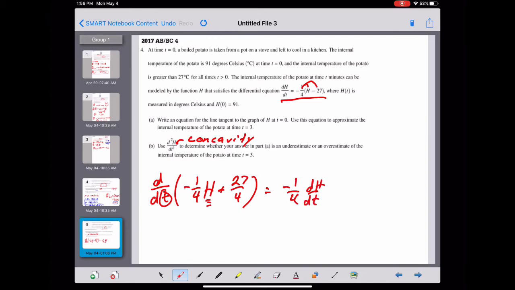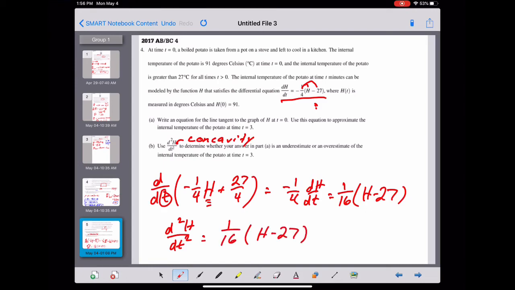Which dh/dt is this function up here again. So we're going to have negative 1/4 times negative 1/4, which is going to end up being positive 1/16 times h minus 27.